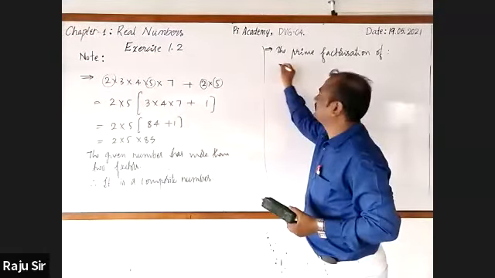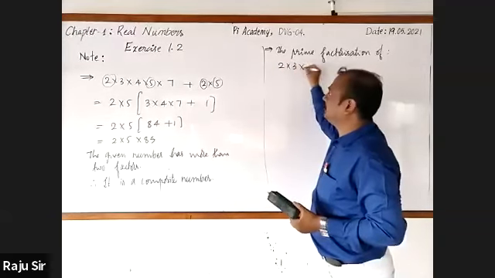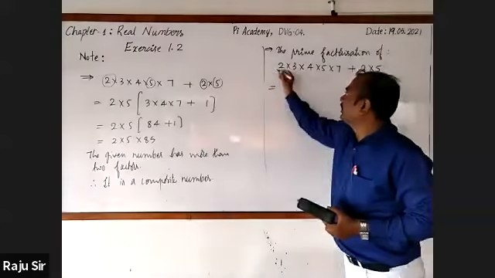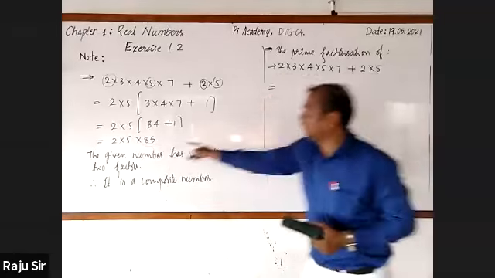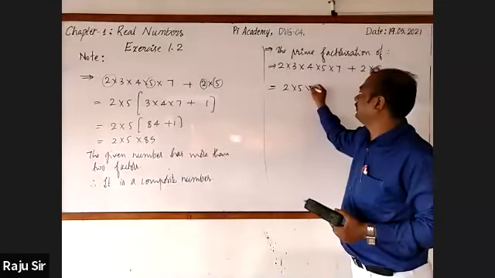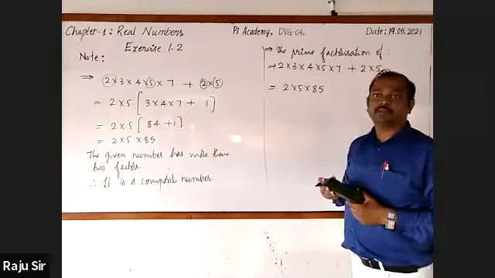The given number is 2 into 3 into 4 into 5 into 7 plus 2 into 5. On simplifying, we have already got 2 into 5 into 85.